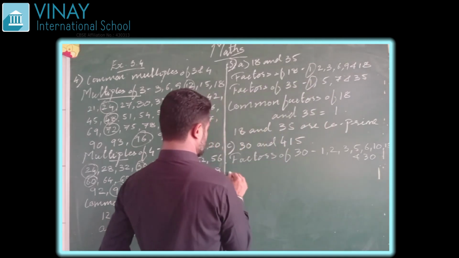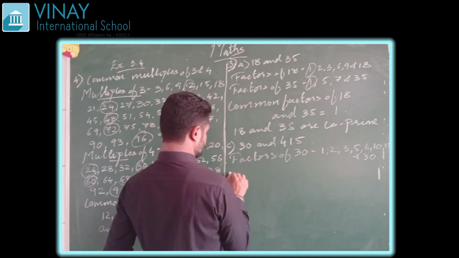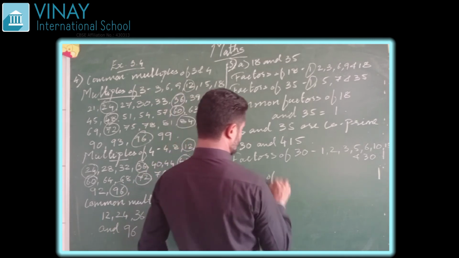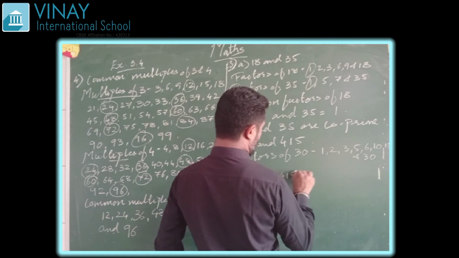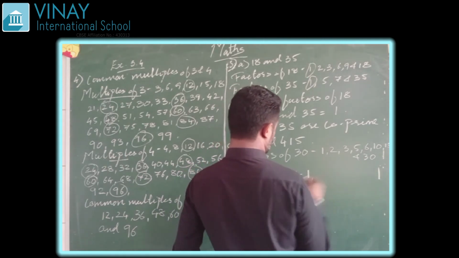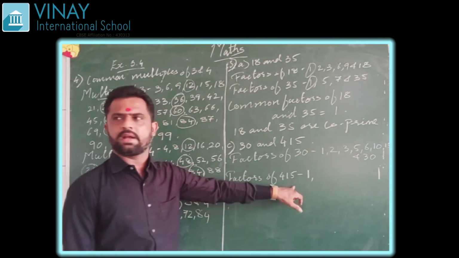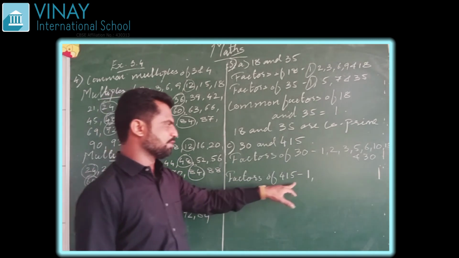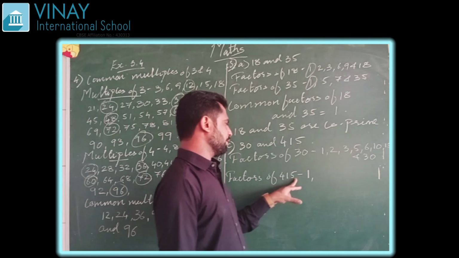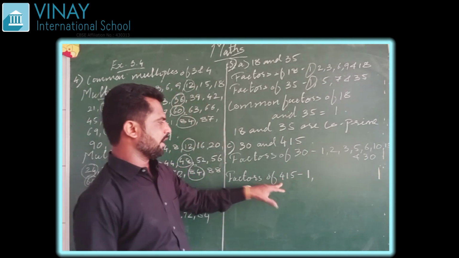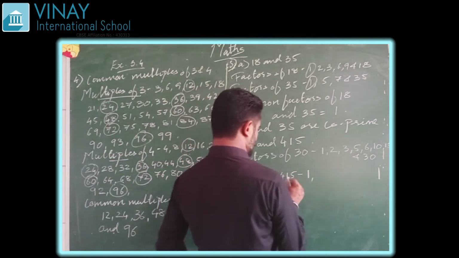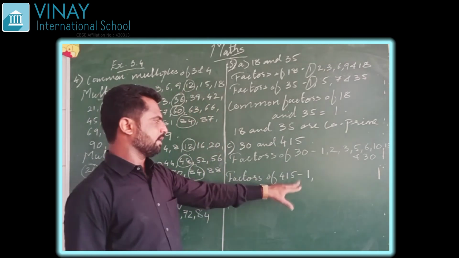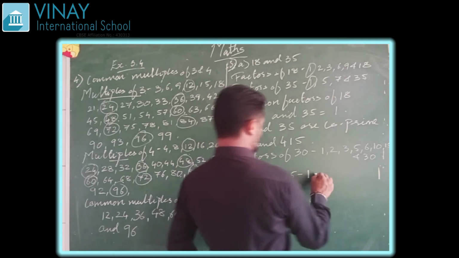In the same way, for the factors of 415, we can use the divisibility test. It is not divisible by 2 as the unit digit is 5. It is also not divisible by 3, since 4 plus 1 plus 5 is 10.